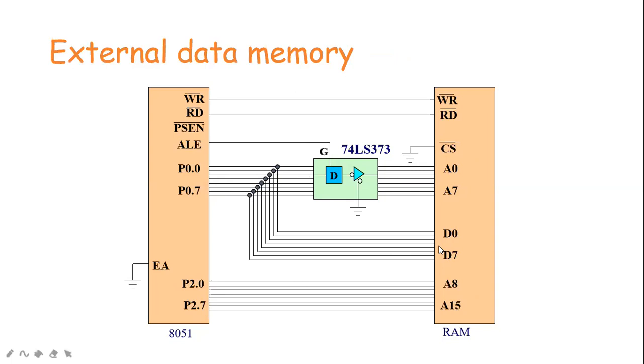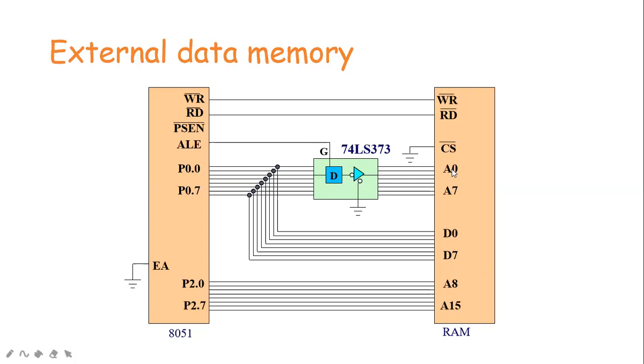For the external data memory, the write bar of the 8051 is connected to the write bar of the RAM, and the read bar is connected to the read bar of the RAM for the read operation. ALE is connected to the D latch. This is the same connection. If it is a 64 kilobyte RAM, it has 16 address lines, A0 to A15.